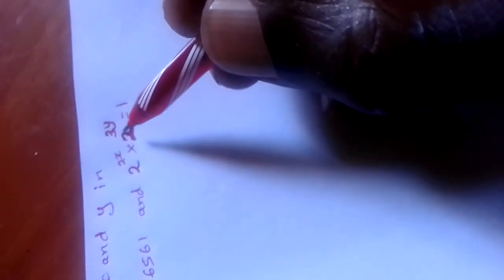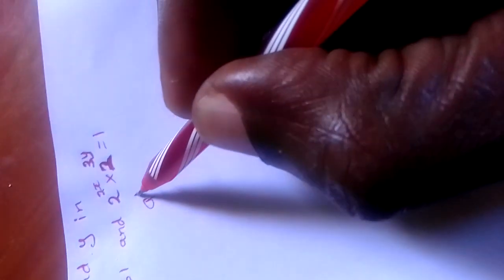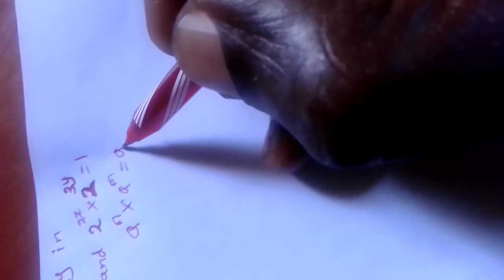So we can start on the easier, shorter part, 2 power 2x times 2 power 3y is equal to 1. We can use the laws of indices. We know that a power n times a power m means that when you multiply numbers with the same bases, you simply add the powers.